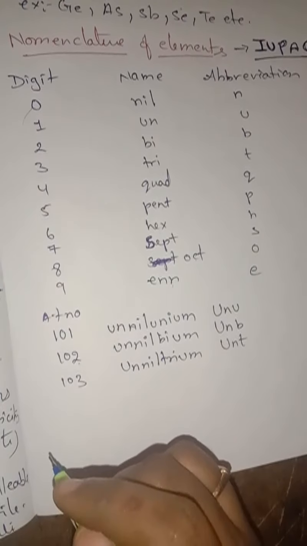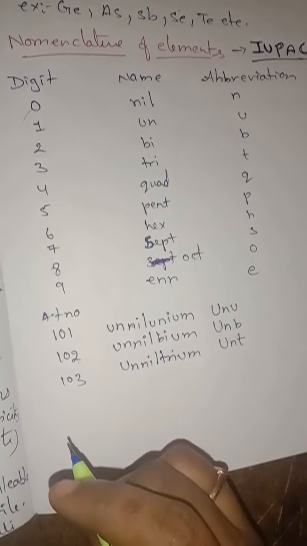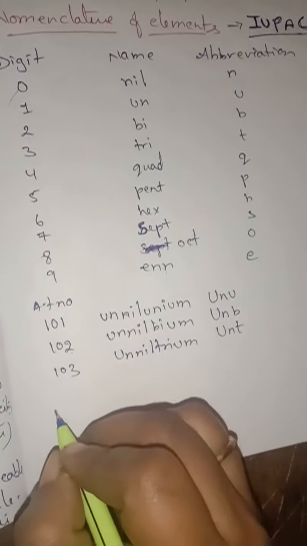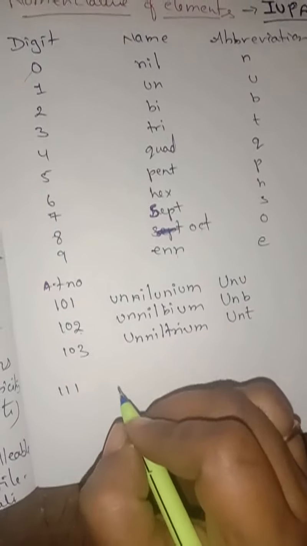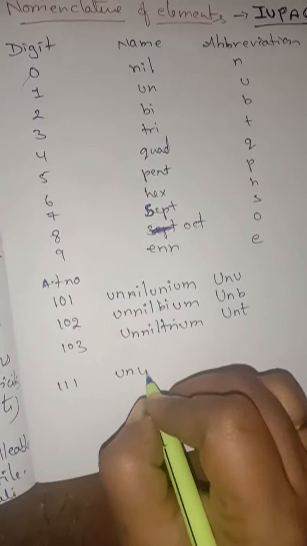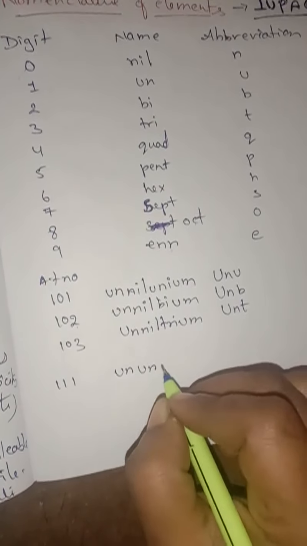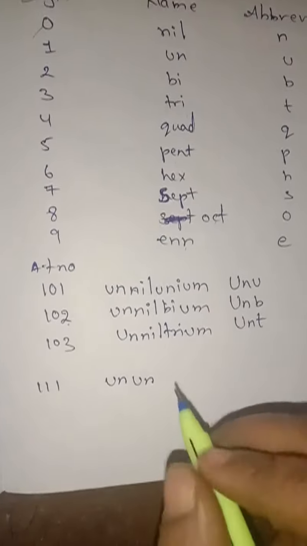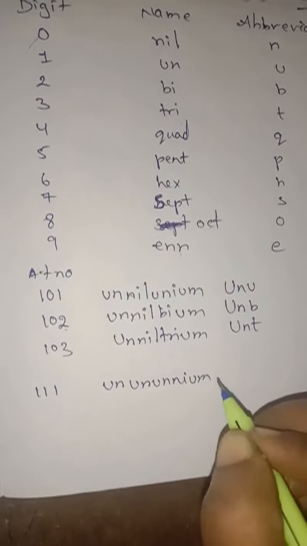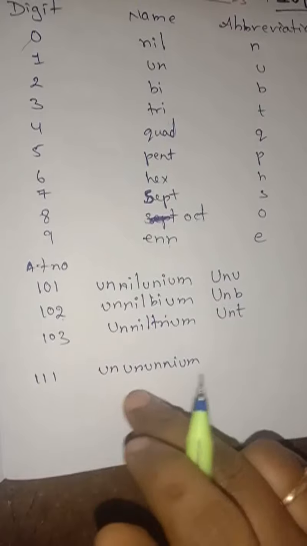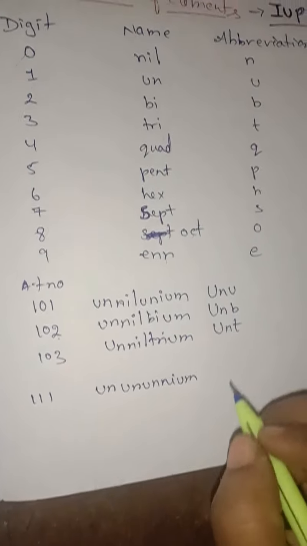For example, I am going to write 111. So what is the name for this, children? Un, un, ununium. Okay, unununium.